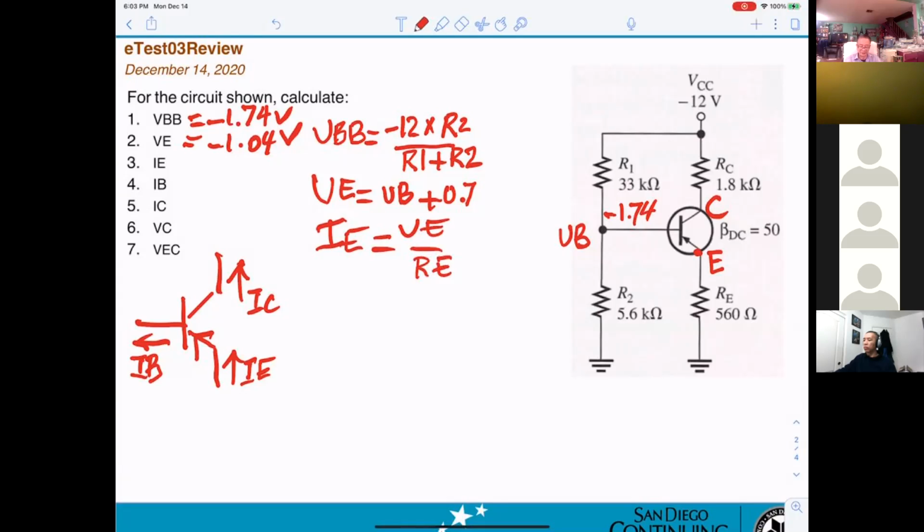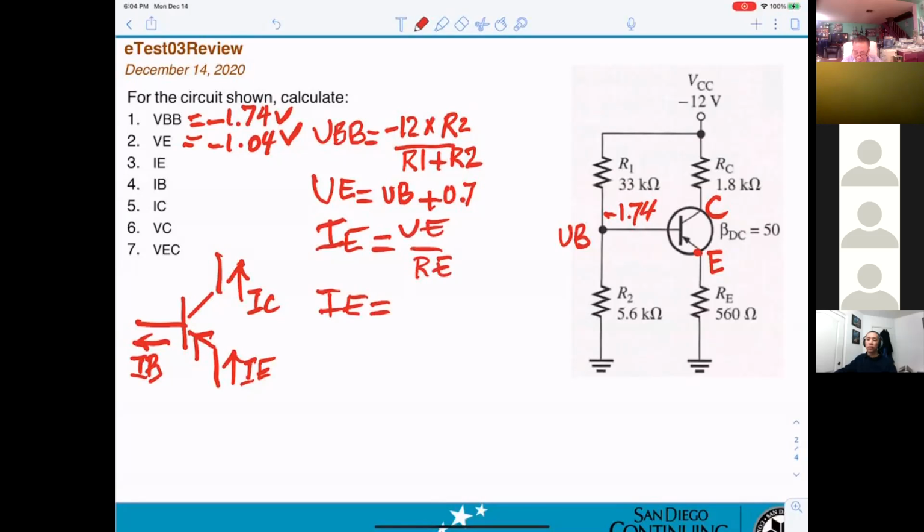However, you understand the VE is negative, but current cannot be negative. Okay, now I can tell you a little more. Current never be negative. I'm telling you one more time here.